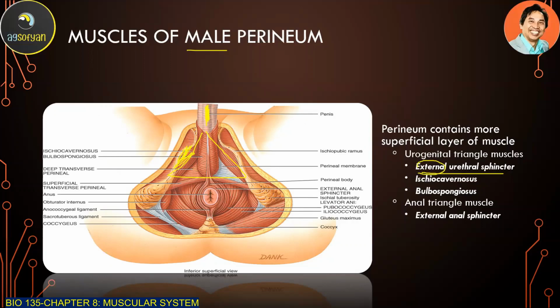Okay, ischiocavernosus muscles going to be the same here, and the bulbo is over here. Bulbospongiosus muscle. So that's the top triangle, and the bottom one is going to be here the same. It's going to be this anal sphincter muscle. Okay, so external anal sphincter muscle.